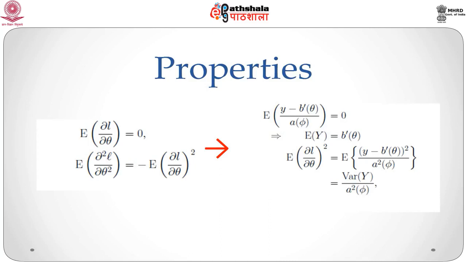Also, expectation of del L del theta whole square, which is equal to expectation of (y minus b dash theta) squared by a square phi, is equal to variance of y by a square phi. Using these two, we are able to derive the expressions for the mean and the variance given on the earlier slide.